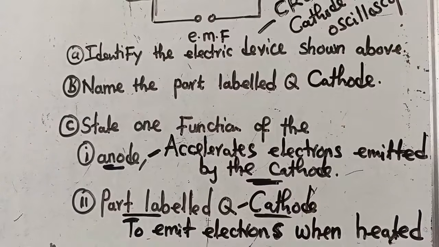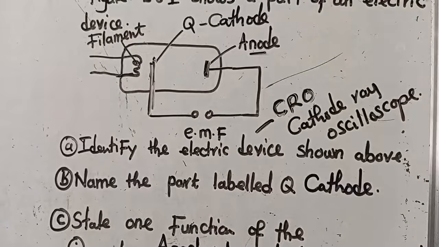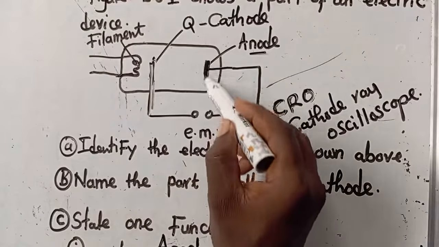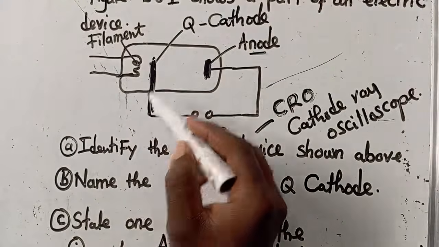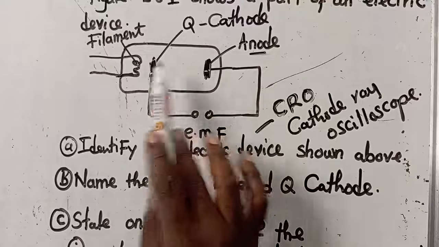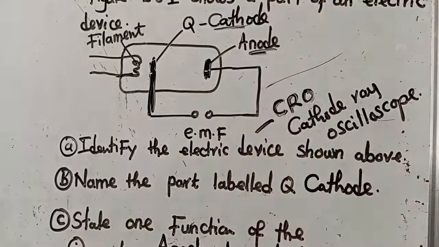Certain questions, like part D of this particular question, were saying, why is it that there is a vacuum between the anode and the part labeled Q? This part labeled Q is the cathode. So why is it that there is a vacuum here between the cathode and the anode?